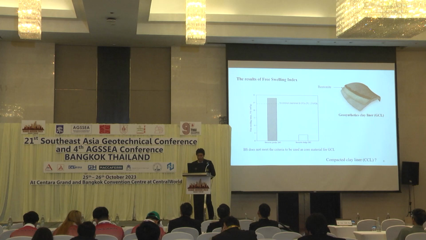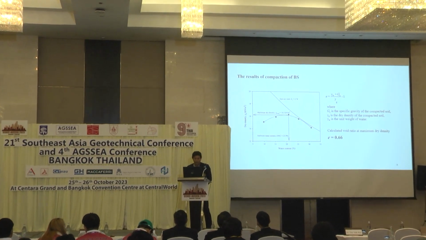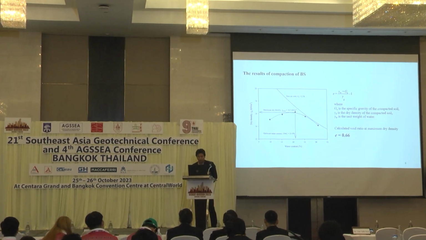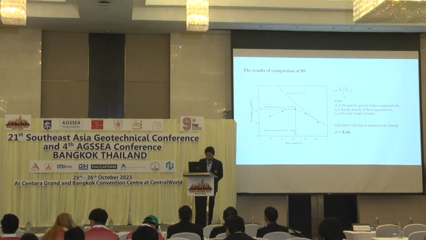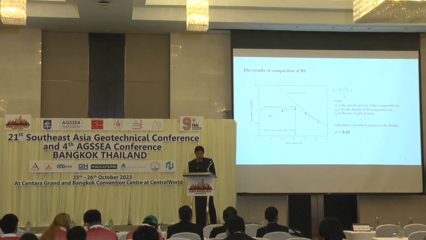But for the CCL, we first conduct the compaction test on this material. The purpose of this test is that we only want to determine the void ratio under the maximum dry density condition.